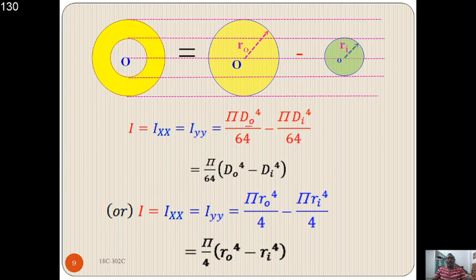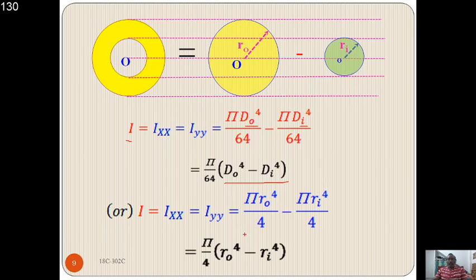The outer circle Ixx value is reduced by the inner circle value to get the moment of inertia of a hollow circle. Now the moment of inertia of the hollow circle is pi by 64 times d to the power of 4 minus di to the power of 4.